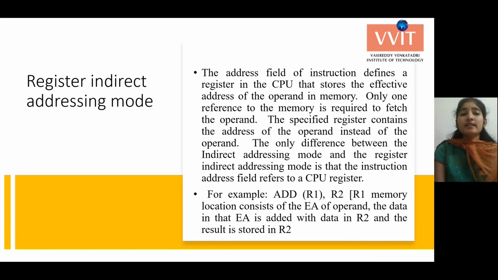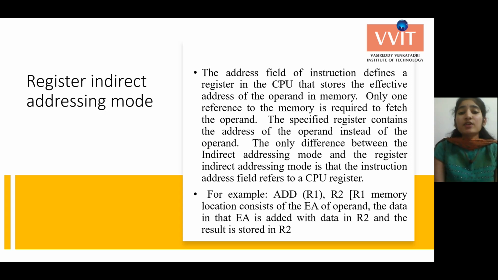Now let us see register indirect addressing mode. The address field of the instruction defines a register in the CPU that stores the effective address of the operand in memory. Only one reference to memory is required to fetch the operand. The specified register contains the address of the operand instead of the operand.